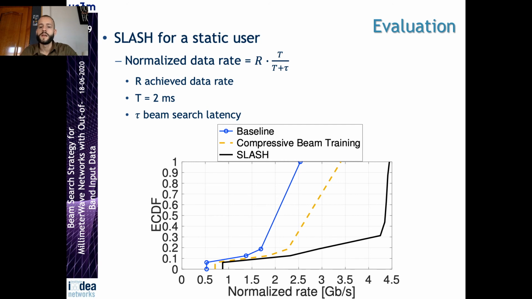The baseline, which is the standard 802.11ad, and the compressive beam training approach, which adapts compressive path tracking for sector selection. As you can see from the ECDF of the normalized rate in gigabit per second, SLASH can achieve a data rate that is 64% higher in median than compressive beam training.